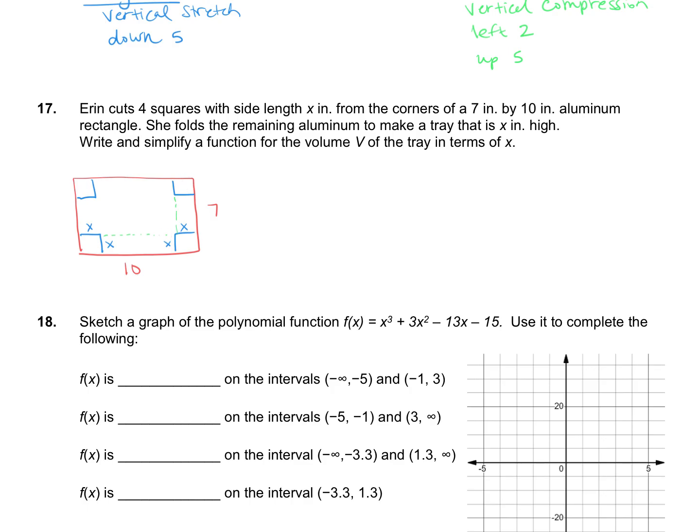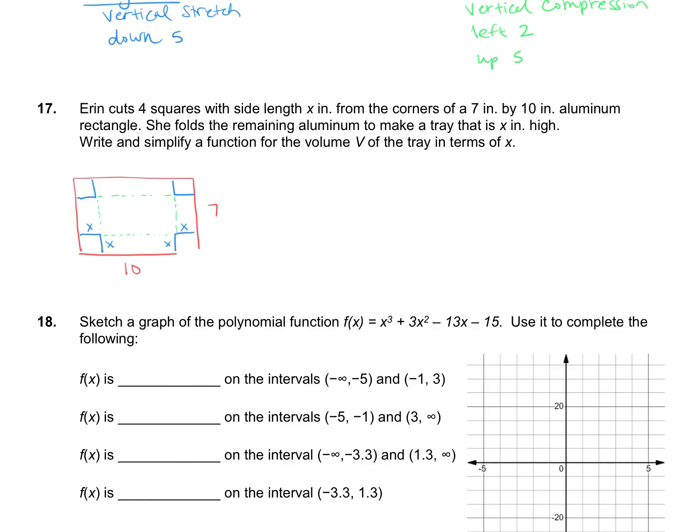So there's a fold line, here's a fold line, and here's a fold line. So kind of think about if we have this whole length is 10, but we're going to remove x units here and we're going to remove x units there.